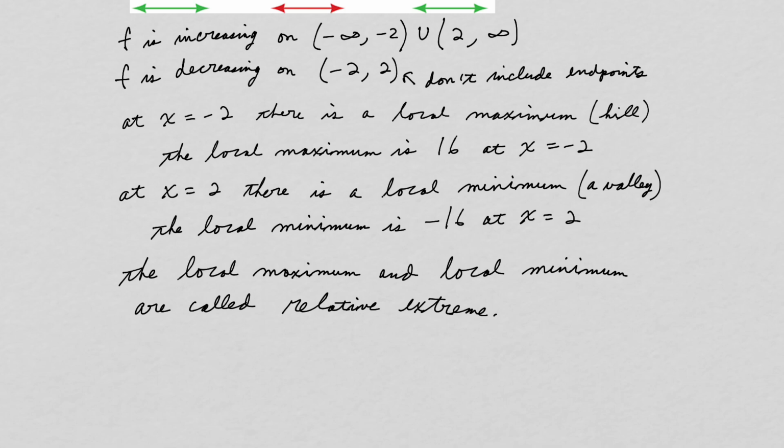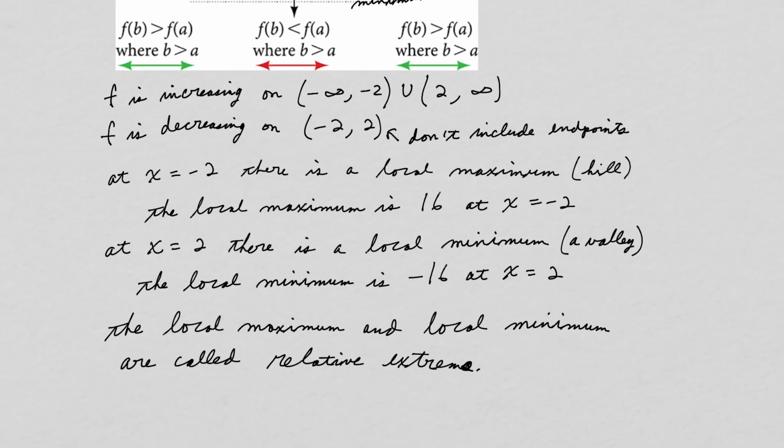It's acceptable. So when a question is asking for relative extrema, then you want to list whether there's a local maximum and or a local minimum. All right, there's also something called absolute extrema.